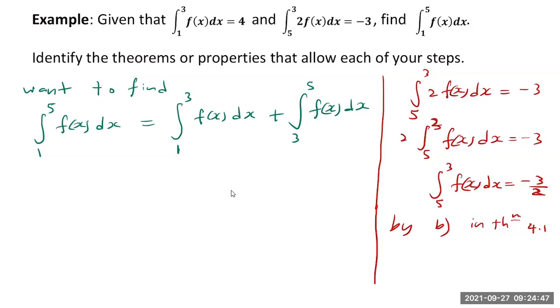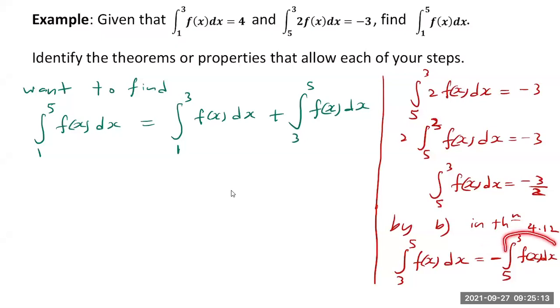In theorem 4.12, we have the definite integral of f of x from 3 to 5 is the same as minus times the definite integral of f of x from 5 to 3. But I know this quantity now.